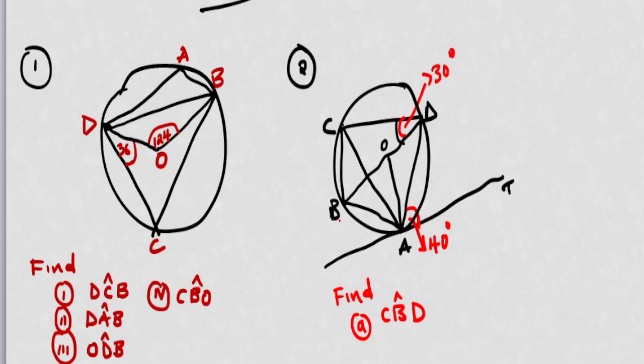C is there, B is there, D is there. Okay, angle CBD. Then for part B, I want you to find angle BAC. B is there, A is there, then C is there. Then for part C, I want you to find angle AOB, so that angle.